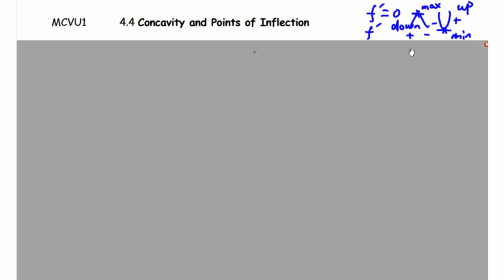The difficult part is it's not always a U shape. Sometimes you just have half of the branch, then we still call that concave down. This part is concave down, this part is concave up. So that is what we are going to learn today, concave up or concave down.